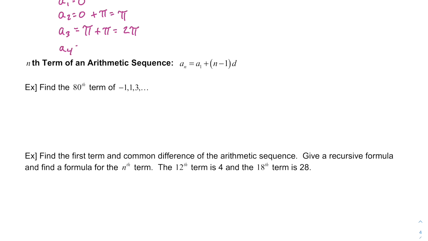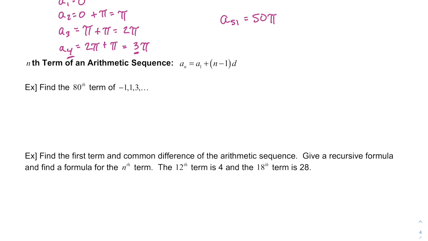And then the way to get the fourth term would be to take the previous term and add the common difference, 3 pi. So the terms are 0, pi, 2 pi, 3 pi. So what it looks like is we could find the 51st term by just subtracting 1 and multiplying by pi.